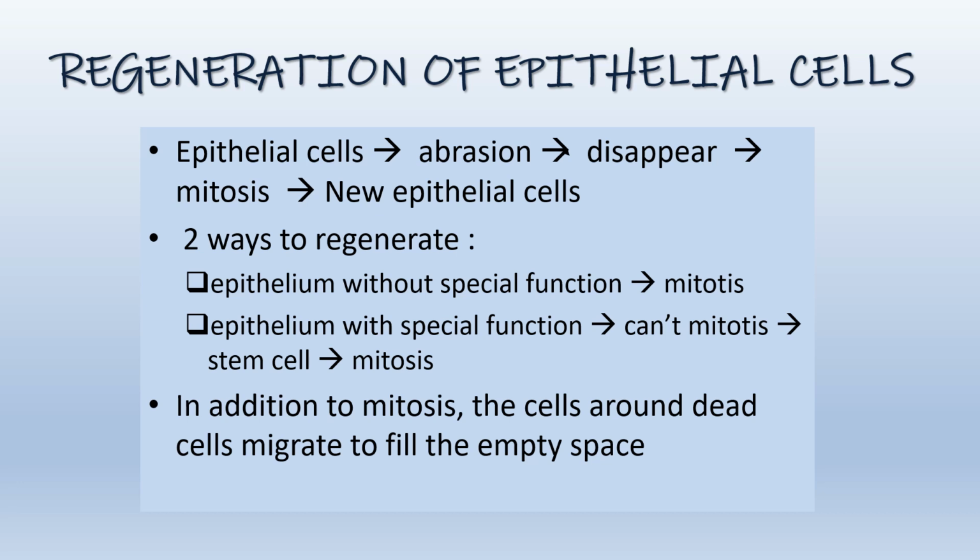First, epithelium without special function will undergo mitosis to form a new epithelium. Meanwhile, the epithelium that has a specific function cannot undergo mitosis, so other cells in the form of stem cells will undergo mitosis and differentiate to replace the specific cells. After mitosis, cells will migrate to fill the empty space.